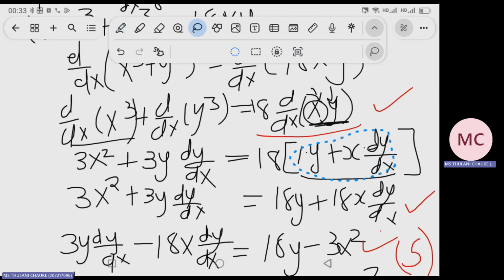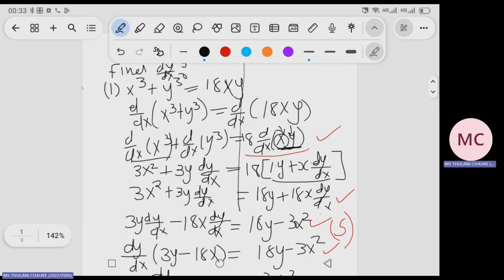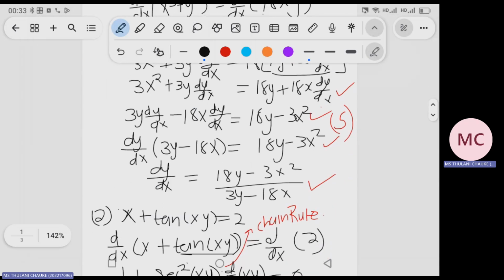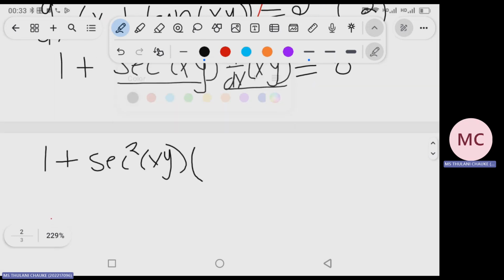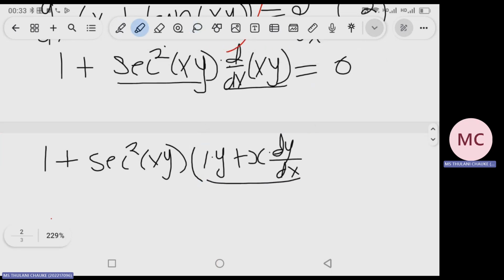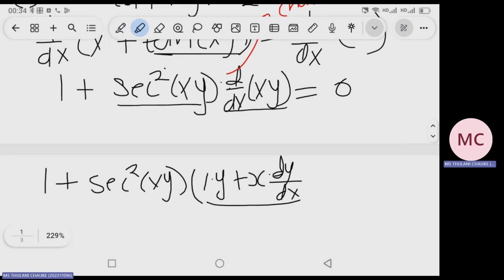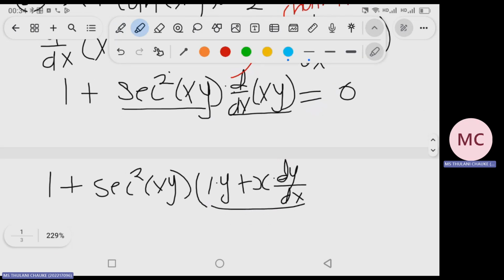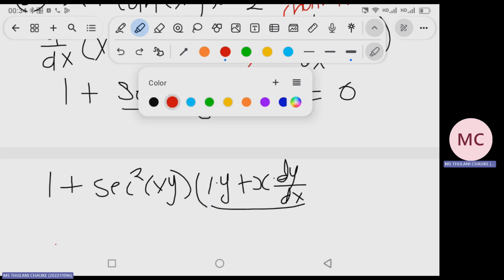So let me just copy it there. So this is our answer for the derivative of xy, using the product rule.